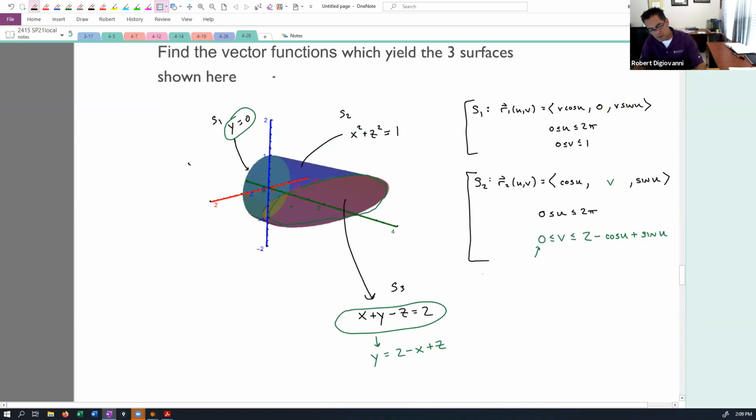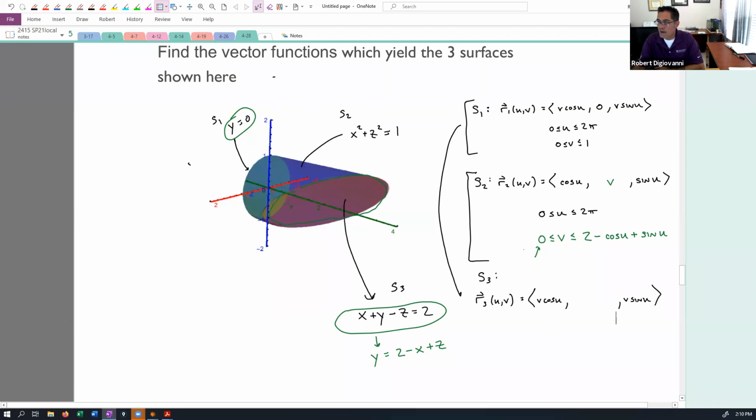So to do S3, I'm going to kind of steal the information from here. And I'm going to draw the disk in the XZ plane. That's this. But see, now my y is no longer flat.